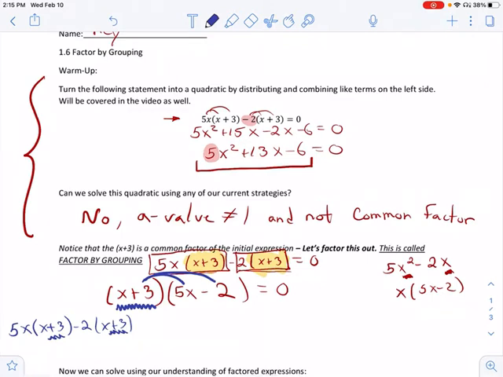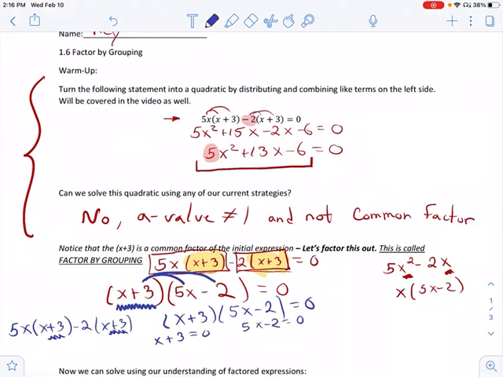So what I've done is taken that quadratic expression that I didn't know how to solve, that I started with, and now I have it in a factored form. So I have two things being multiplied together to equal 0. We know the only way that can happen is if x plus 3 equals 0, or if 5x minus 2 equals 0.